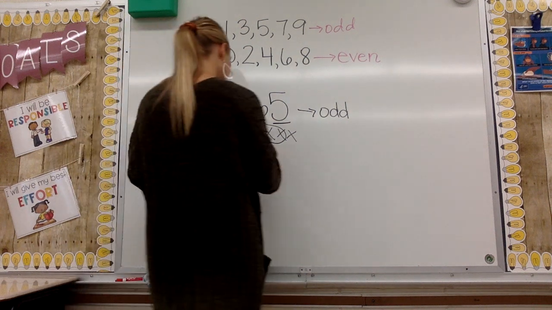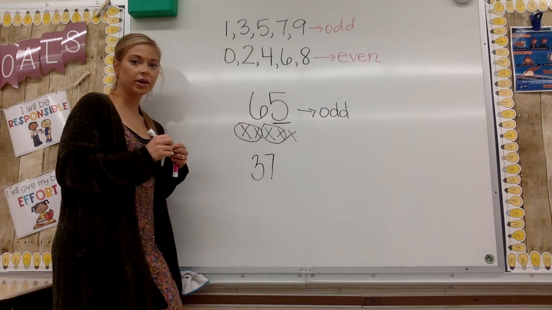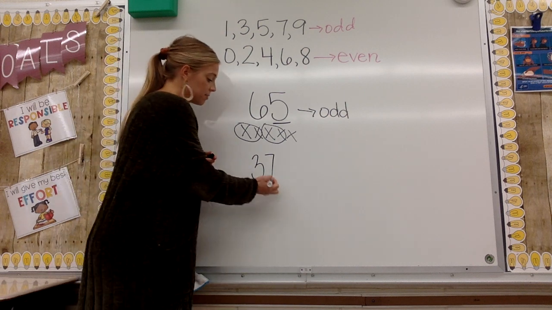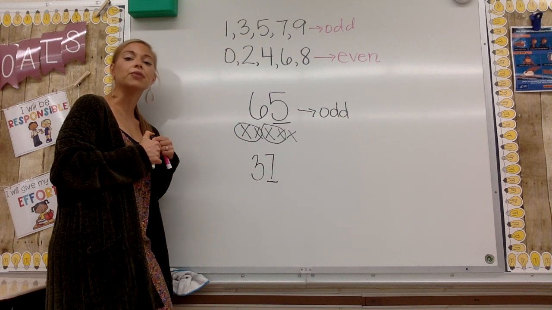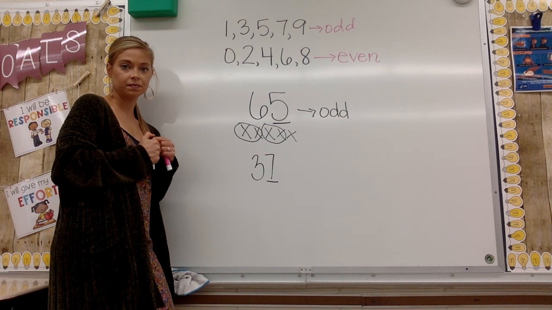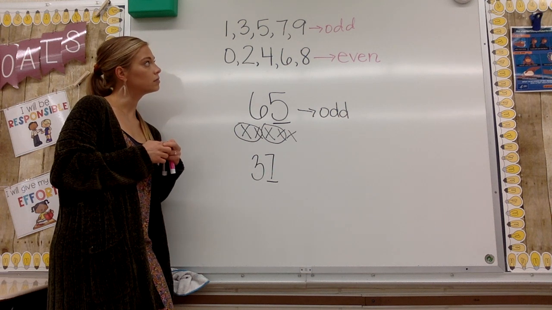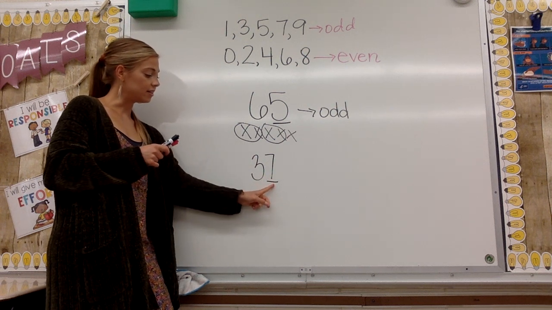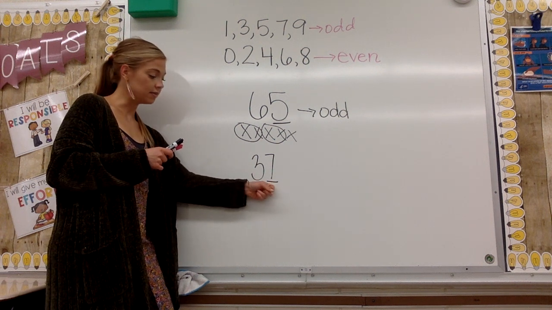Okay, let's do the number 37. We don't want to draw 37 dots or X's, right? So let's look to see what number is in the ones place. And I want you to think, is 37 an even number or an odd number, and why? Well, if you're thinking the correct answer, then you would say that 37 is an odd number because it ends in 7.